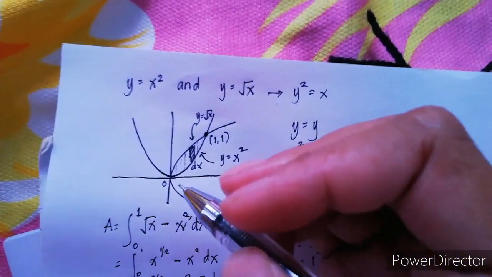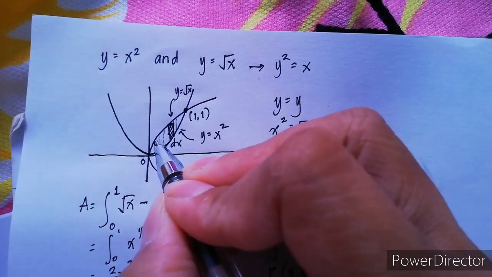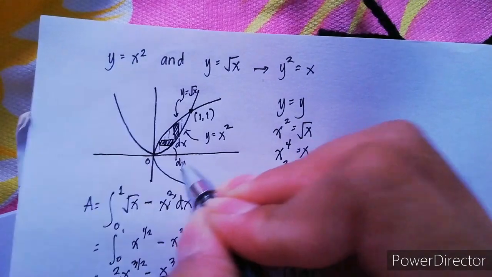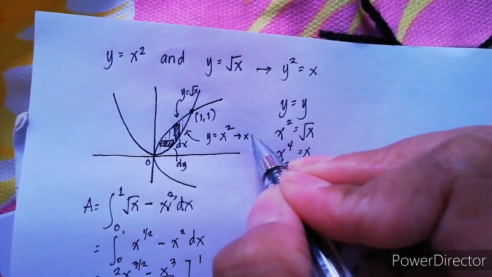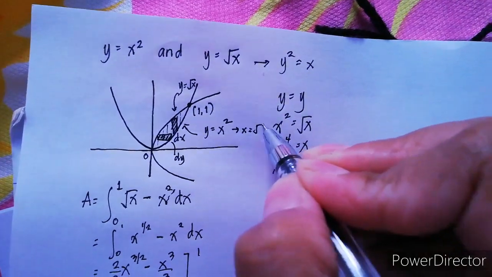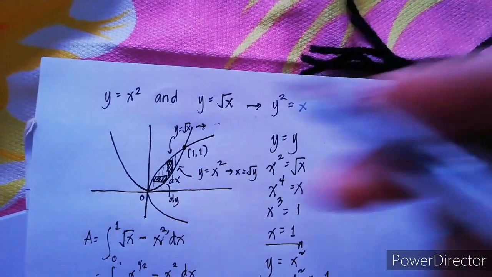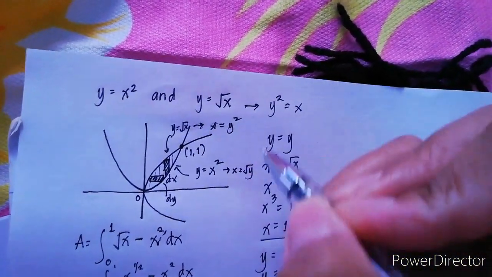Now what if you would like to try the horizontal strip? So we put a horizontal strip here and then we write dy. So all equations must be in terms of y. So this is x equal to square root of y, and this will become x is equal to y squared.